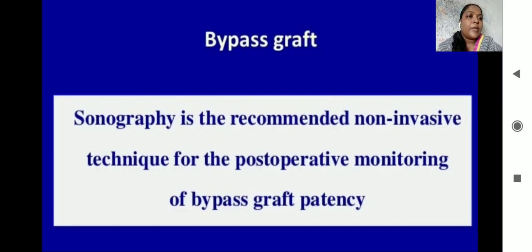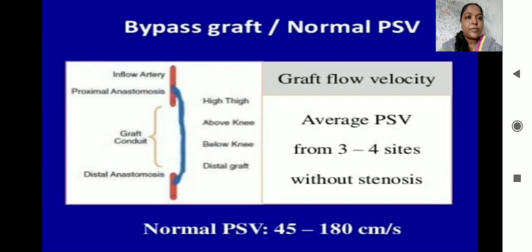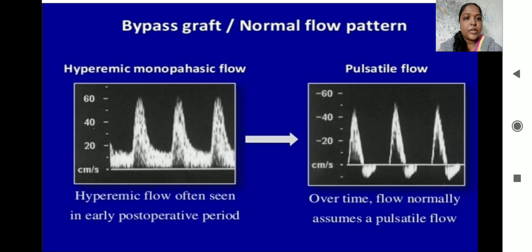Sonography is recommended as a non-invasive technique for the post-operative monitoring of bypass graft patency. The normal peak systolic velocity in case of bypass graft can vary from 45 to 180 cm per second. In the immediate post-op period, we can see monophasic hyperemic flow.